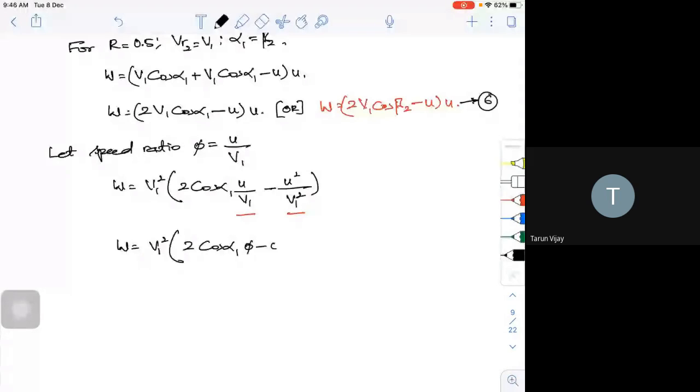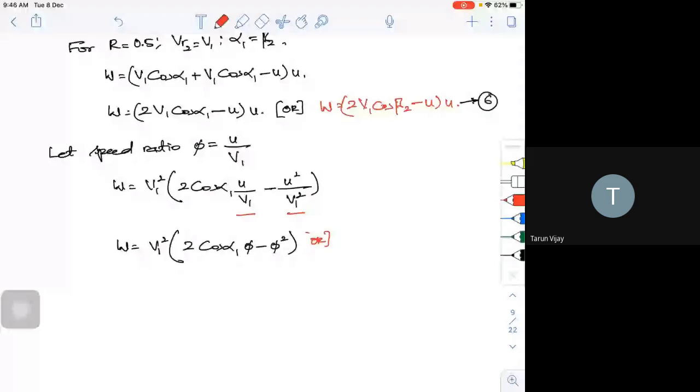The same expression in terms of beta: W is equal to V1 square into 2 cos beta 1 into phi minus phi square. I can write in terms of alpha or in terms of beta. I'm going to call this expression number 7.